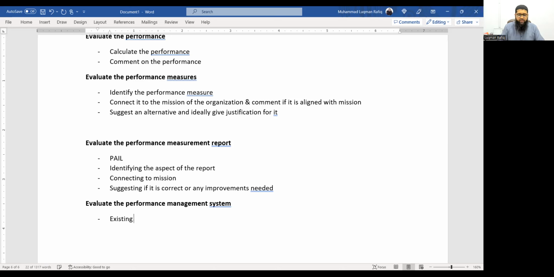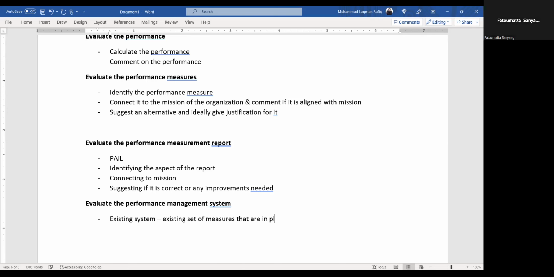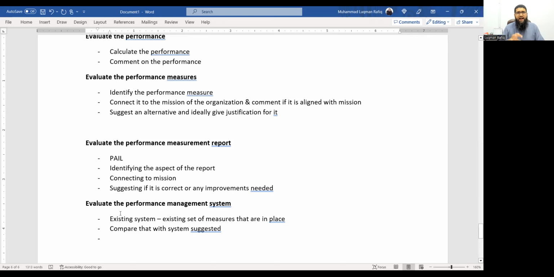The existing system is what? The existing set of measures that are in place. You compare that with the system that is suggested.